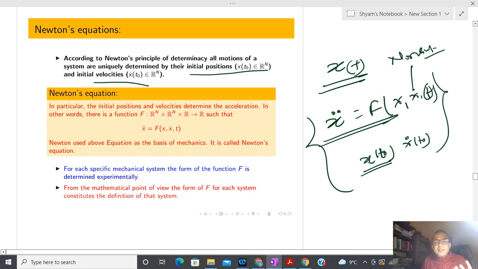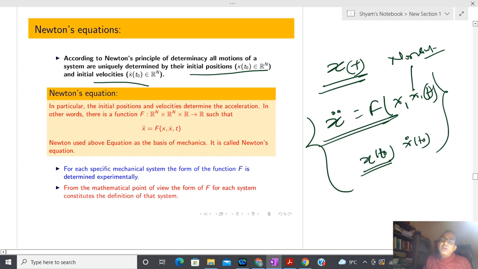Similar things happen in an electrical circuit. Suppose I have something given by C dv/dt equal to something. Since that is a first order differential equation, I can guarantee that if I know v(t0), then I can predict the future. So if the quantity and its rate of change are known, in the previous class I told you why we assume the rate of change.